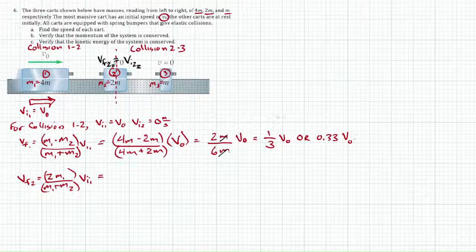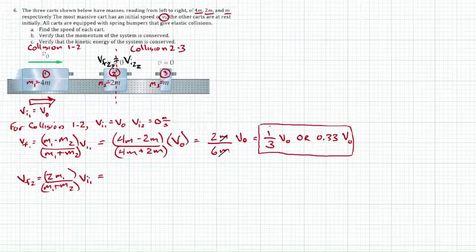So what we're saying is that the final velocity after cart 1 collides with cart 2 is going to be 1/3 of what it originally was. Okay. So this is the final velocity of cart 1 after colliding with cart 2. Let's find cart 2's final velocity.